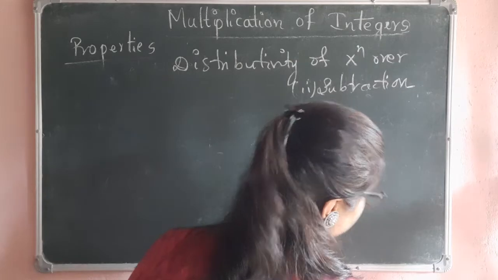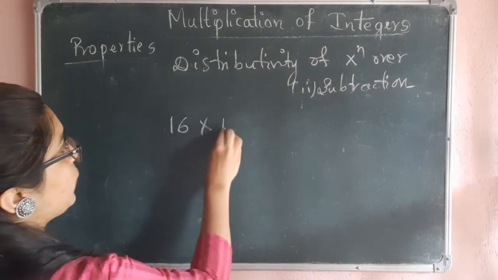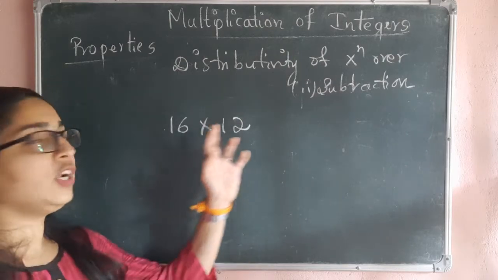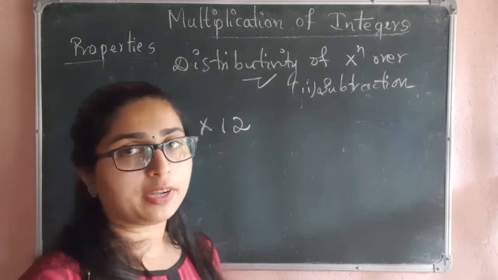And there are some simple methods. Like if they give you 16 into 12, instead of finding 12 into 6 and taking the carry, we can also use the distributive property here.